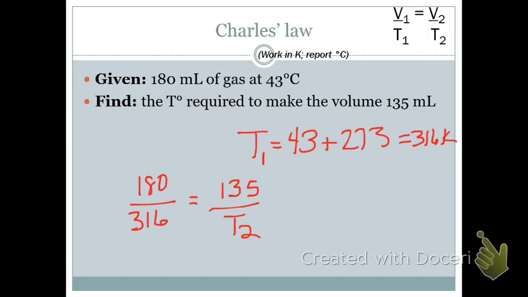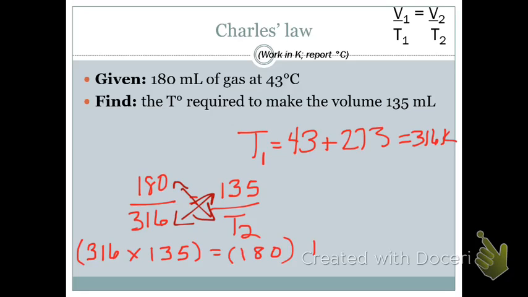I'm going to have to cross multiply. And when I do that, I wind up with 316 times 135 is equal to 180 times T2. I want T2 by itself.